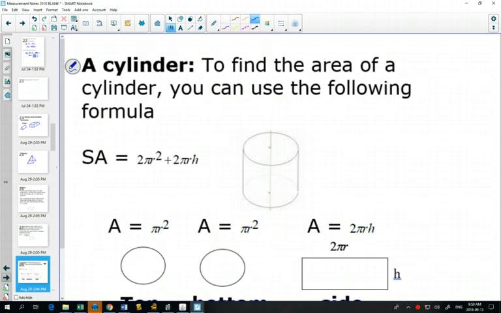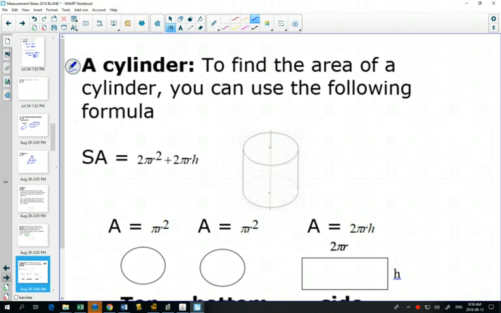Now, something about this rectangle. First of all, can you see that the height of the rectangle is the height of your cylinder? But the length of the rectangle, how does that relate to what we have on our cylinder? It's the circumference.